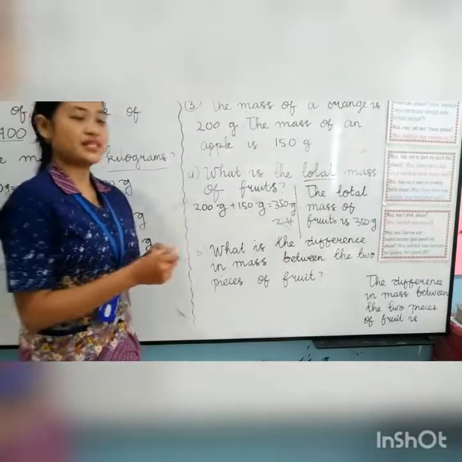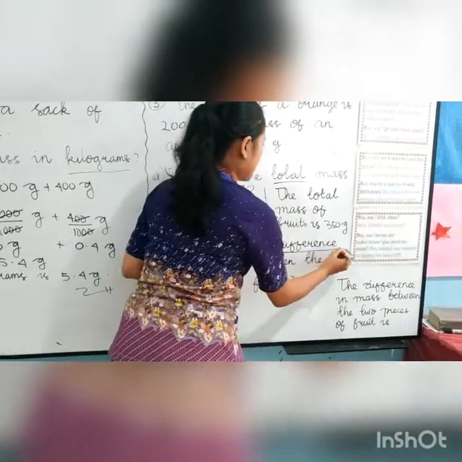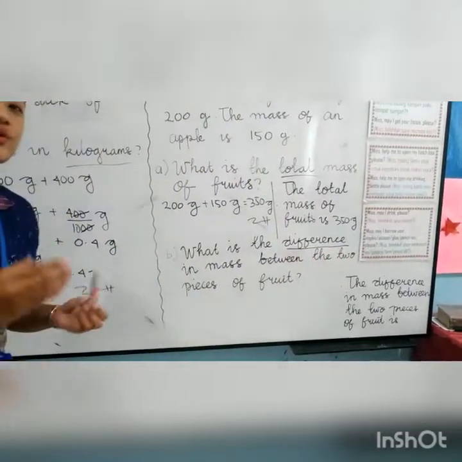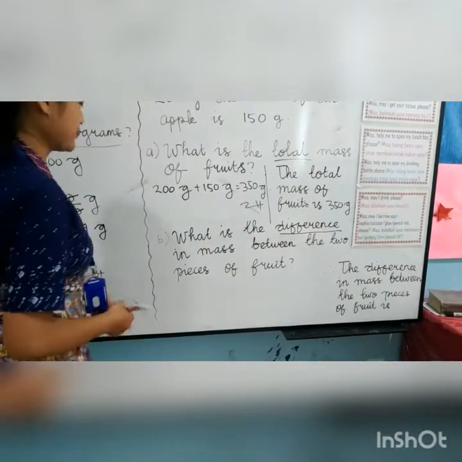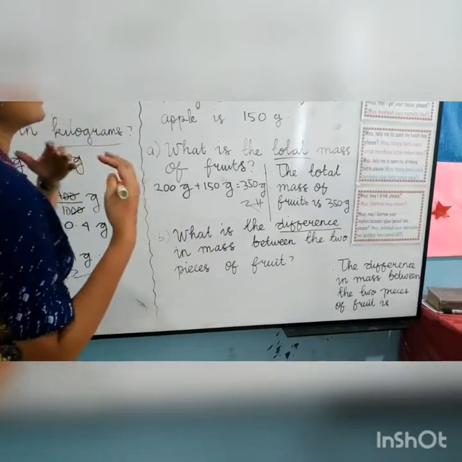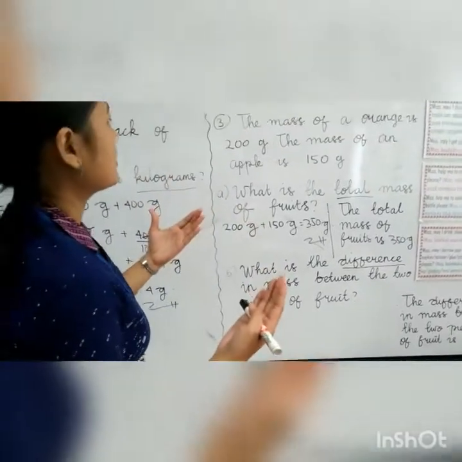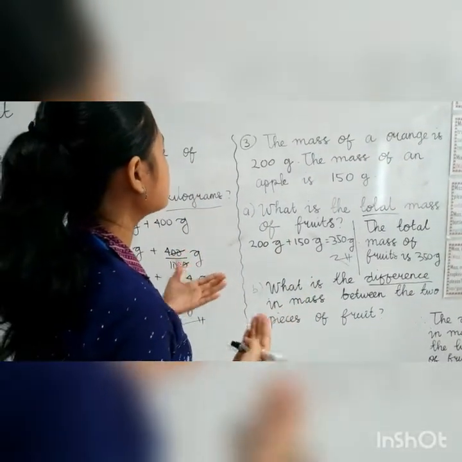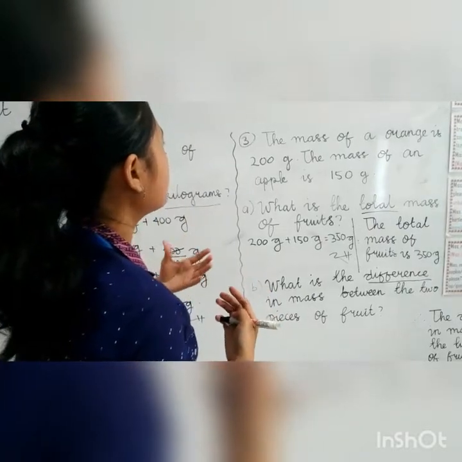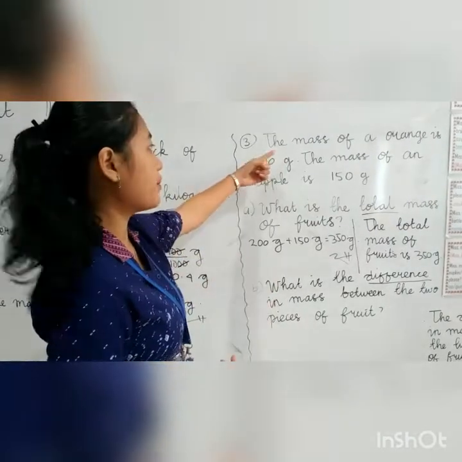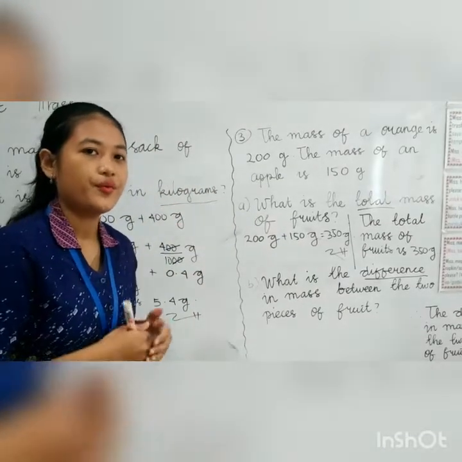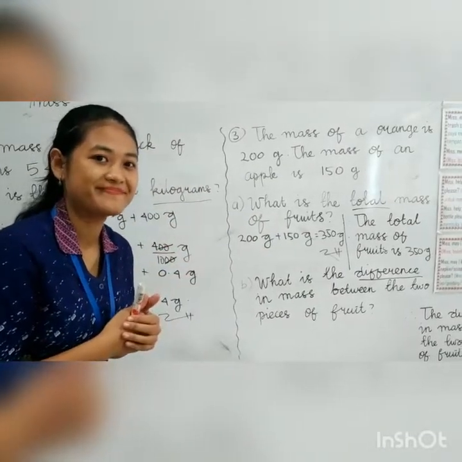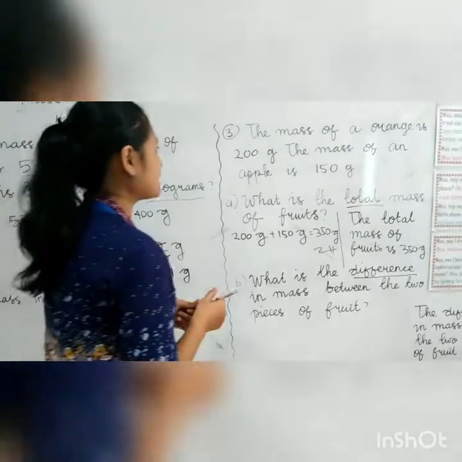Okay. Now for number 3B, what is the difference in mass between the two pieces of fruit? So difference, it means we need to use subtraction. That's right. Can you guess which is the heavier fruit, orange or apple? Yeah, an orange.